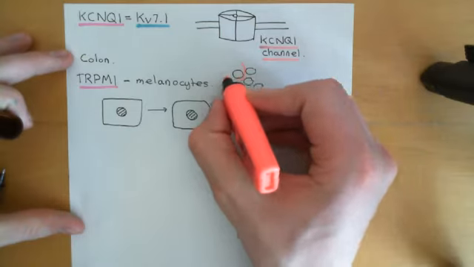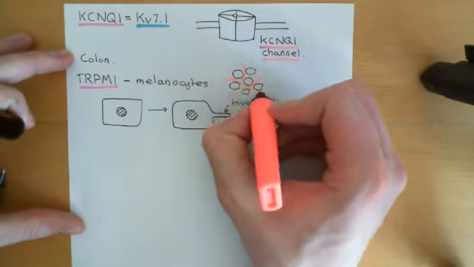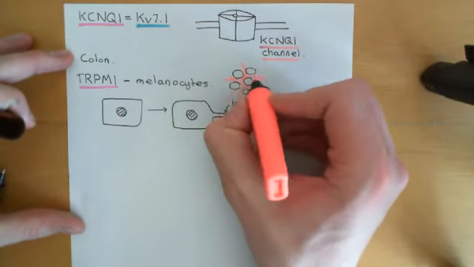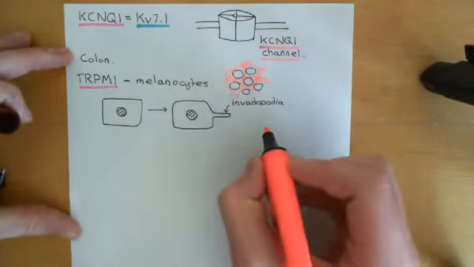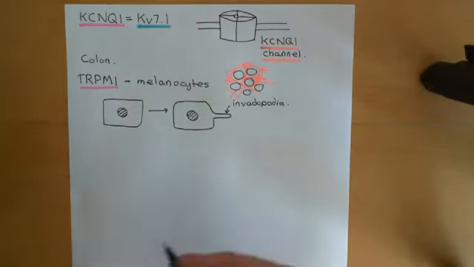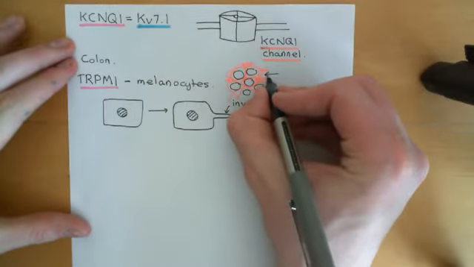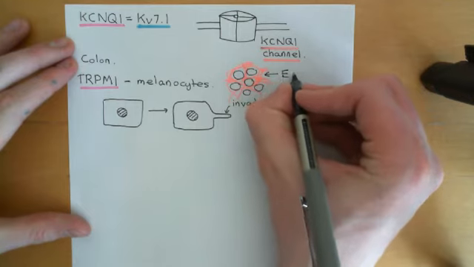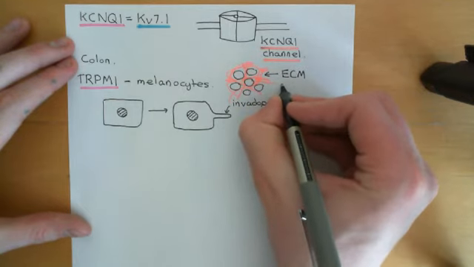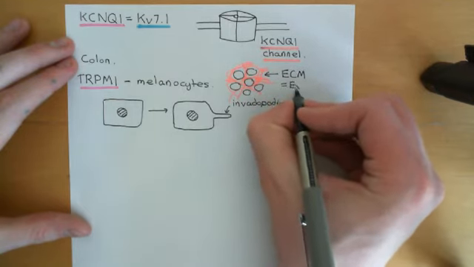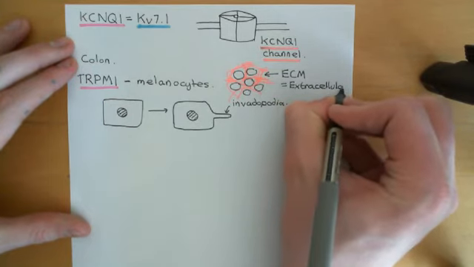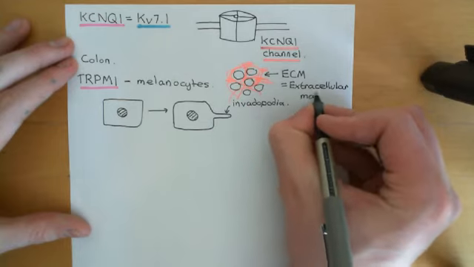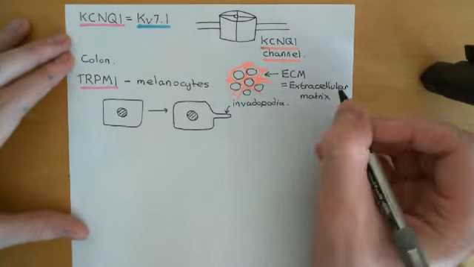Instead, you have molecules all over the place, making up a meshwork of connective tissue, loads and loads of collagen, but also other molecules besides collagen, in red there. This meshwork of molecules is known as the extracellular matrix, the ECM. So this stands for extra, that's the E, cellular, that's the C, and then M, that's the matrix.